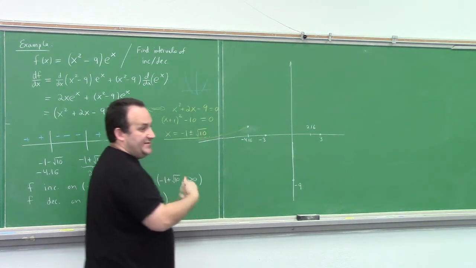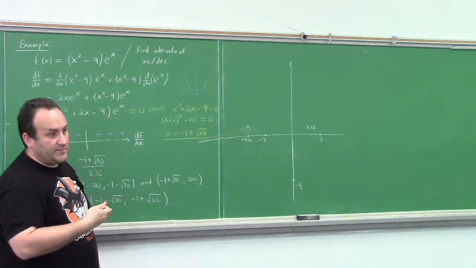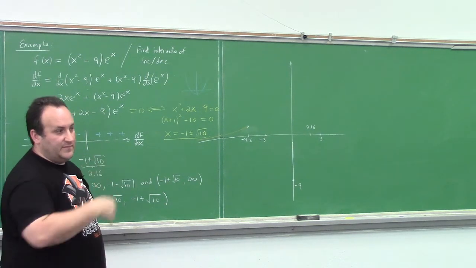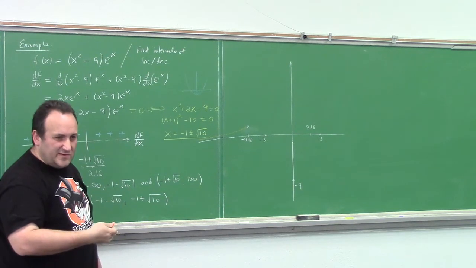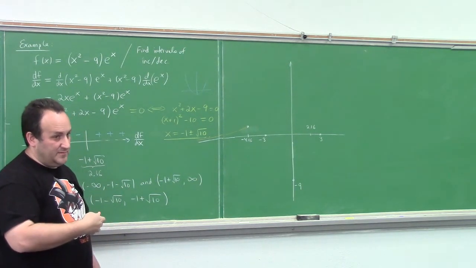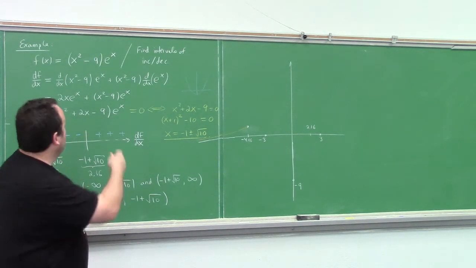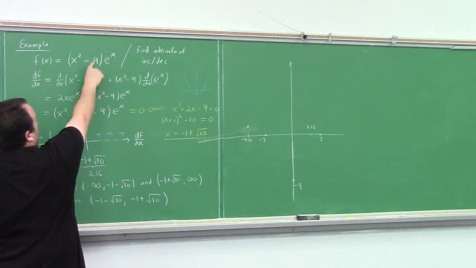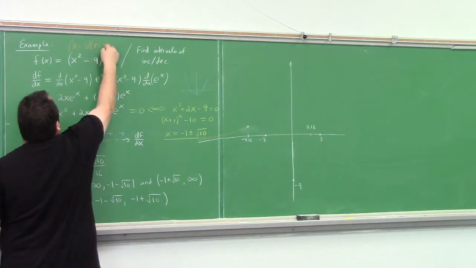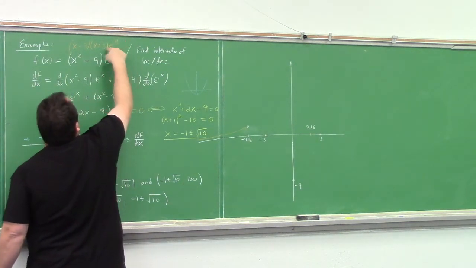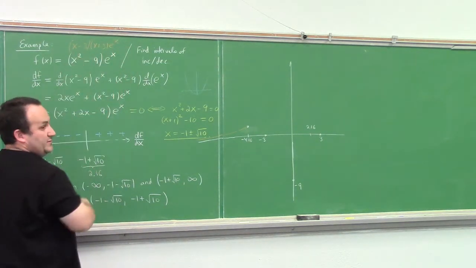It must be that it has a horizontal asymptote to 0 or to some other finite quantity. I can't really logically conclude it goes to 0, but I do know it can't cross 0 because the only zeros are this, right? X minus 3, x plus 3, e to the x. That's never 0, so minus 3, 3, the only choices.